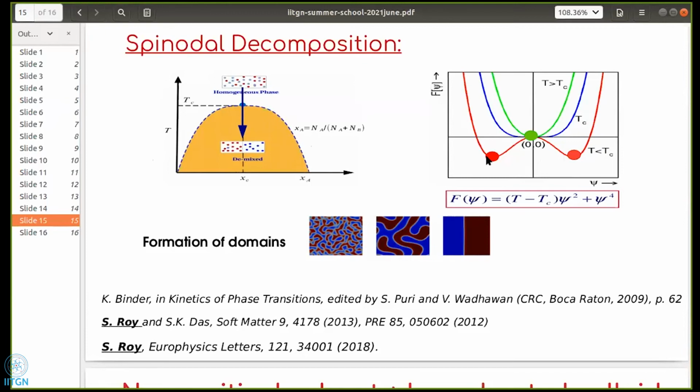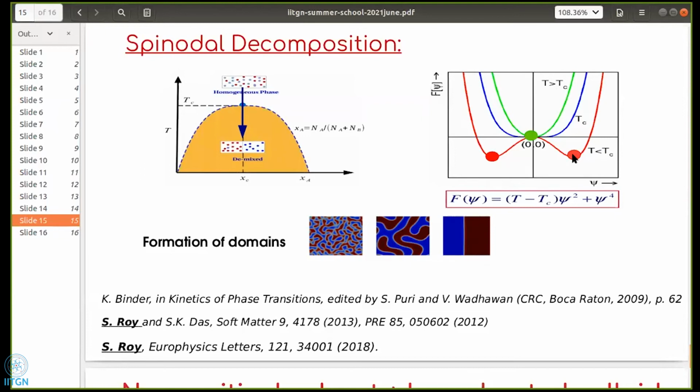So now let's start with the system, which is initially at a very high temperature, T equal to Tc. At this temperature, the system is homogeneously mixed and is sitting very happily at this green circle. It's in the equilibrium configuration. And then you suddenly change the temperature of the system below the critical temperature. So what happens now? This equilibrium state, which was dictated by the green circle, has become an unstable point, and the new stable points, or the new equilibrium points, correspond to these red circles here.